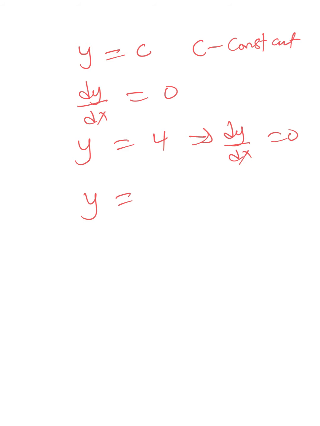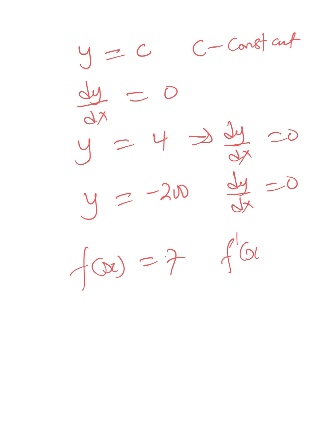If y is equal to minus 200, still dy dx is equal to 0. As long as y is a constant or f of x is a constant, then when you get the derivative, f dash of x is equal to 0. So the derivative of a constant is 0.